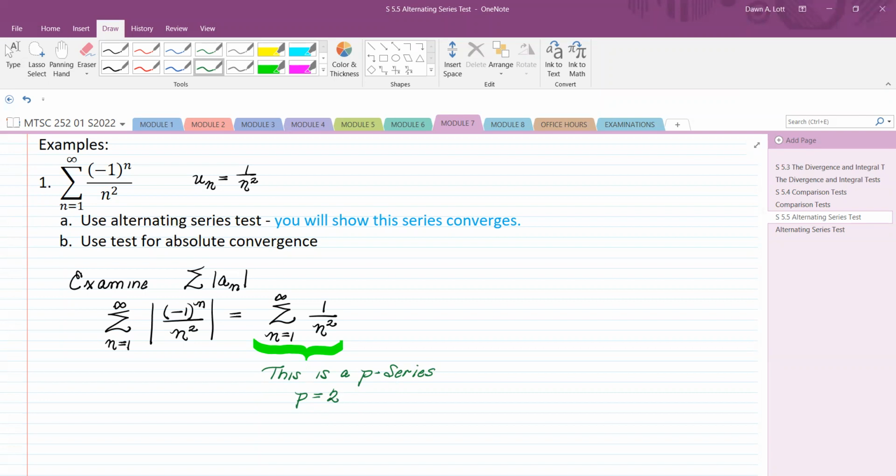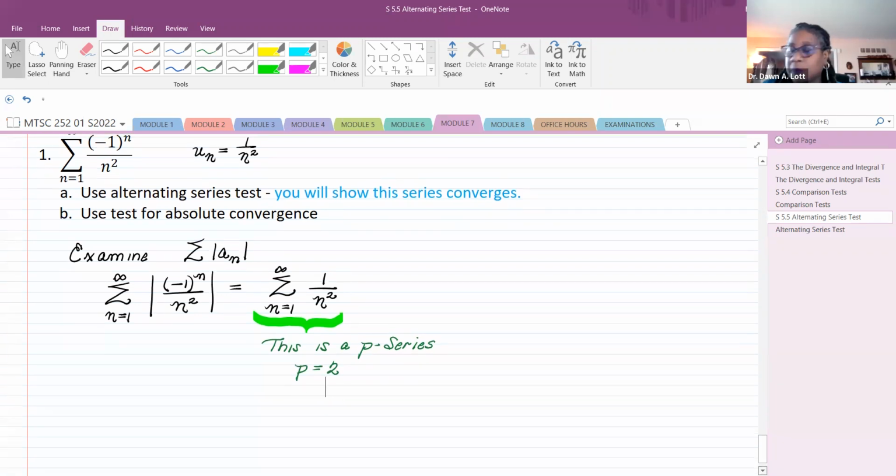Convergence. Okay. All right. So this series is convergent because P, which equals 2, is greater than 1.